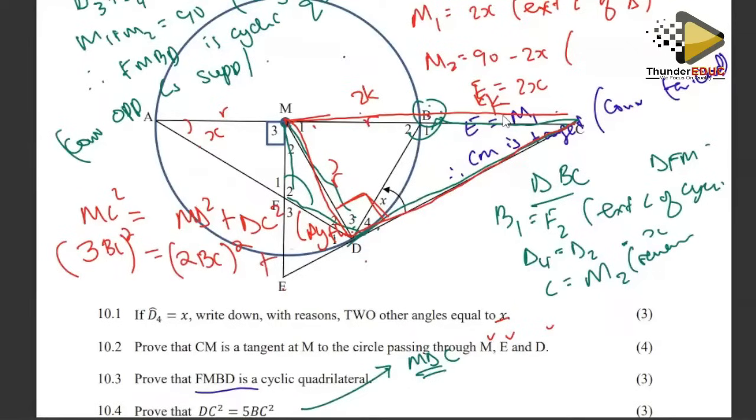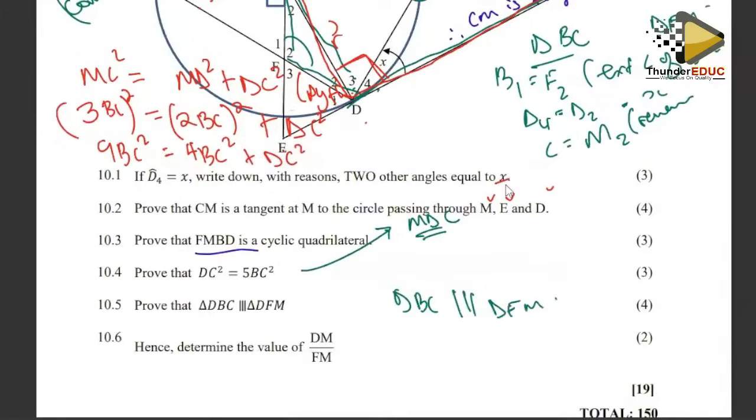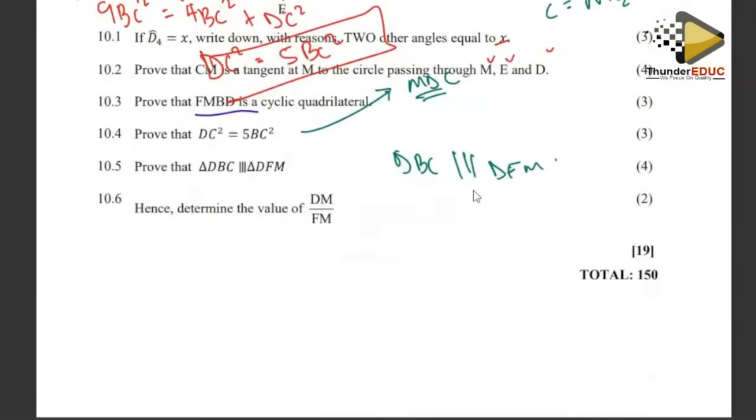Then our DC, we can keep it because it's part of our solution. Then this is going to be 9 BC squared is equal to 4 BC squared plus DC squared. Let's move everything that side. So it's going to be 5 BC squared, meaning that DC squared is 5 BC squared. Okay, that's fine. And then lastly, we proved that the triangles are similar.